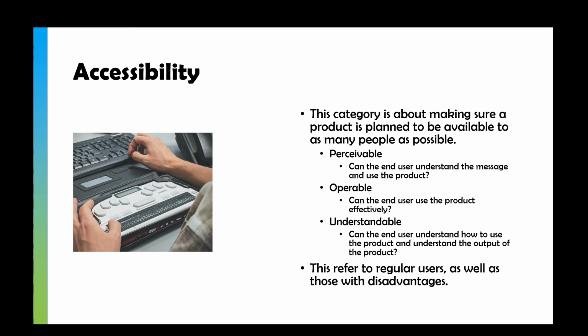And when you talk about accessibility, we're not just talking about everybody who's got disabilities, so this should be perceivable, operable and understandable to regular users as well as those with disadvantages. Have you got alternate text on your pictures for your website? Have you got a means that screen readers or braille displays can actually access those things on your website, or those things on your comic strip and things like that?